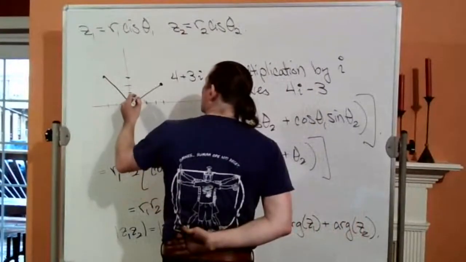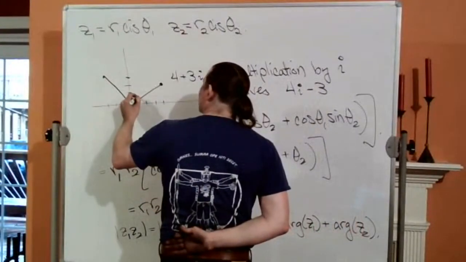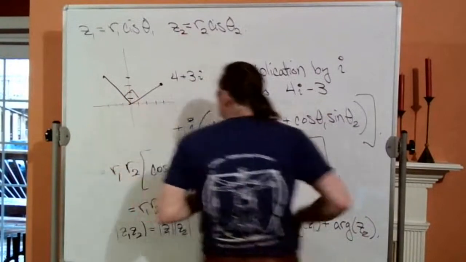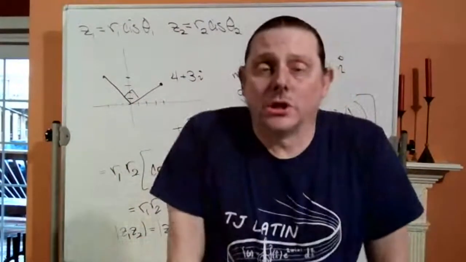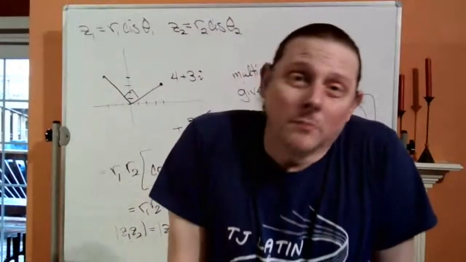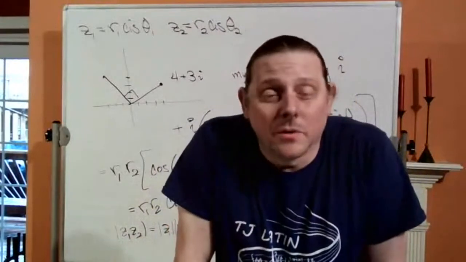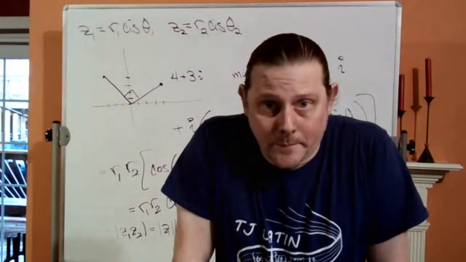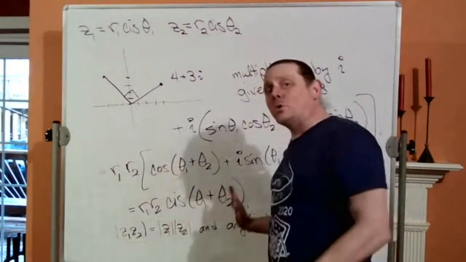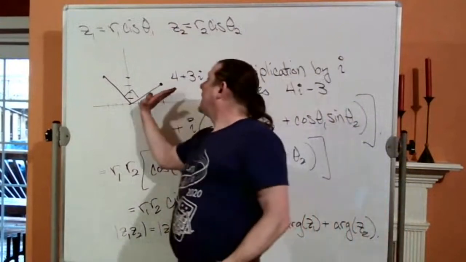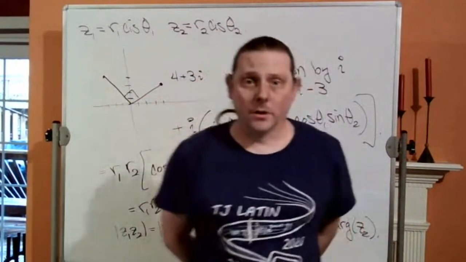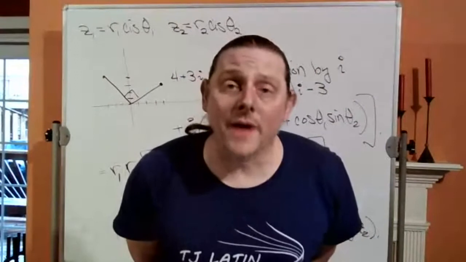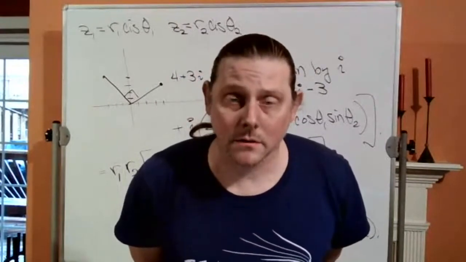And if you think about it, you should be able to convince yourself that what's happened is we kept the modulus the same, because the modulus of i is 1, and multiplying by 1 is the same thing as not doing anything. All right? But we rotated the complex number counterclockwise about the origin through an angle of 90 degrees.